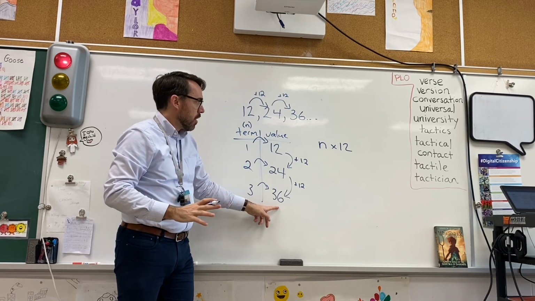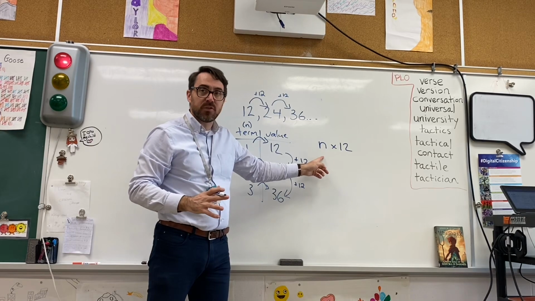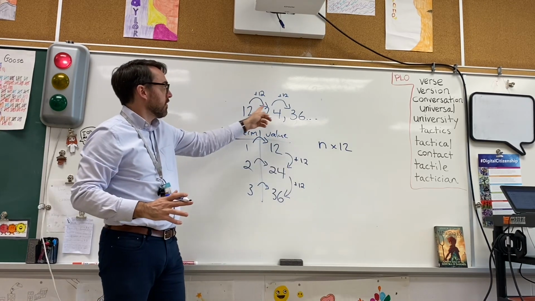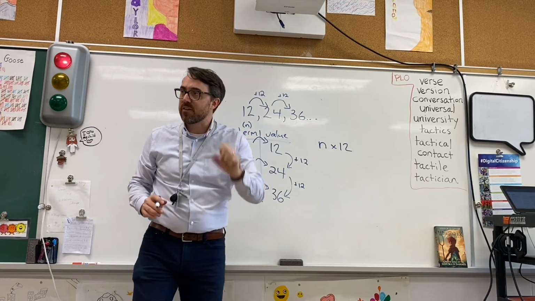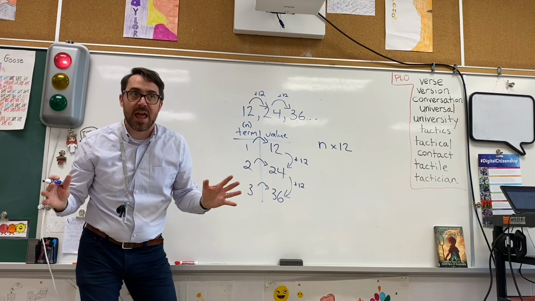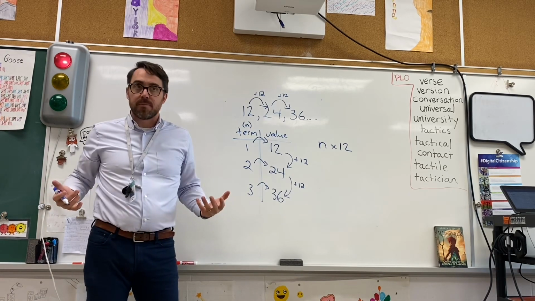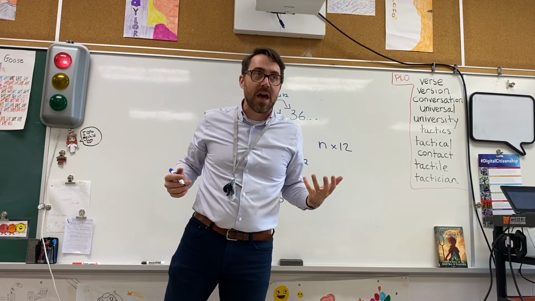Okay. So my pattern rule is n times 12, or plus 12 each time. Okay? And where this is powerful is I can plug in any number for n and get the answer. So I can ask you, what is the 10th term in this pattern?